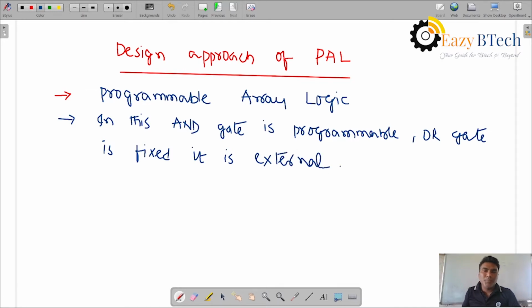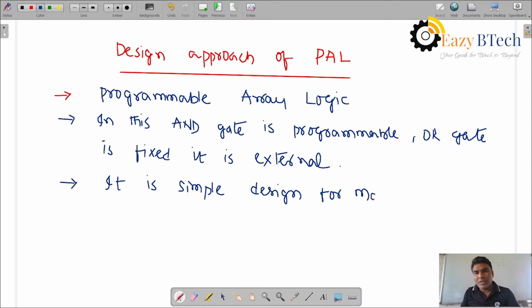So PAL is a simple design for manufacturers. Only the AND gate is programmable, and the OR gate is externally connected. It is a simple design for manufacturing chips.